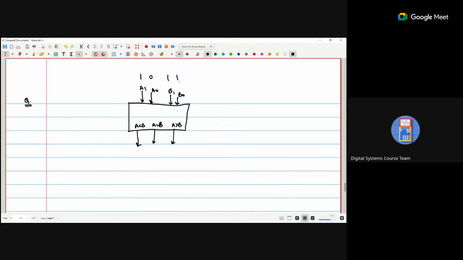So we know that B is greater than A. Here we get a 1 for that, and for these other 2 outputs we get a 0.